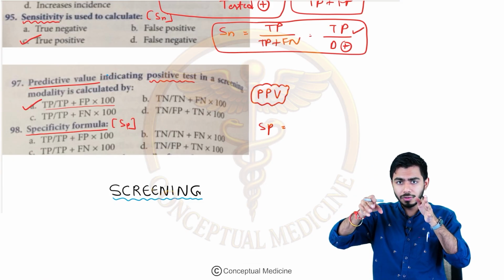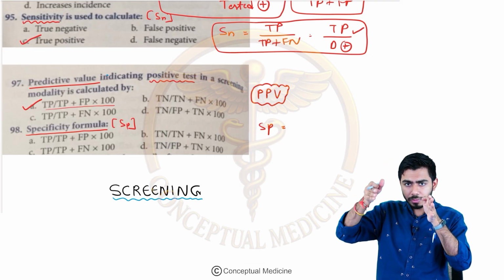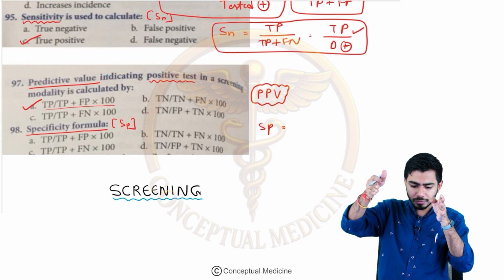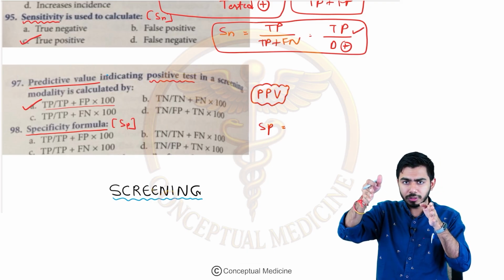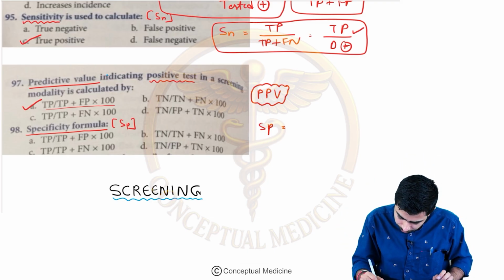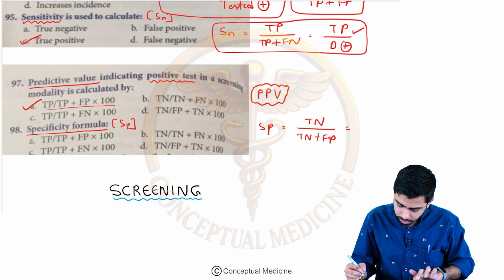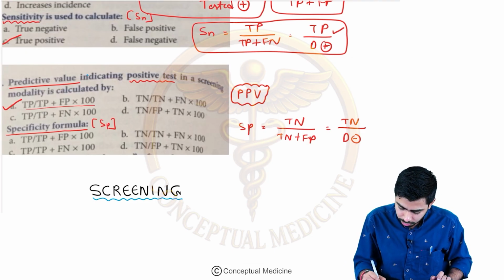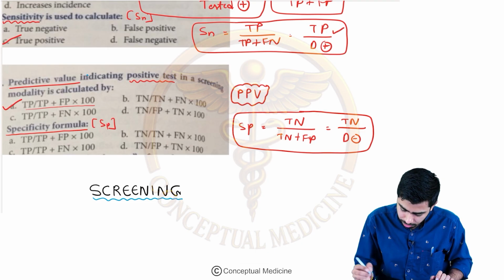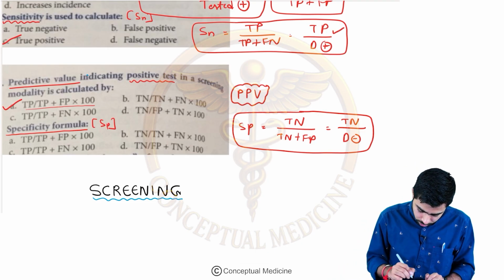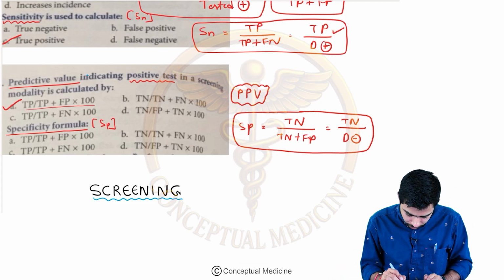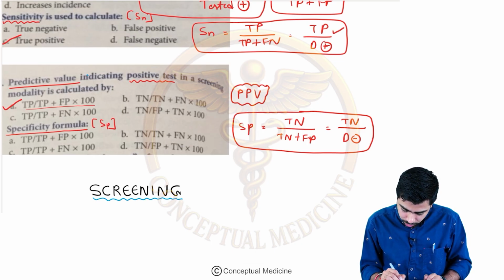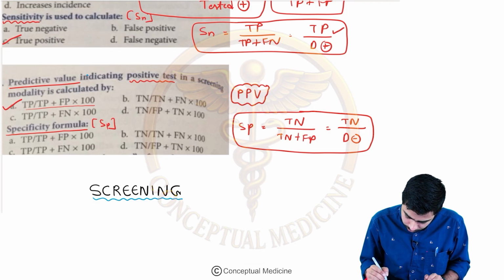This column was for the disease negative. So true negative divided by true negative plus false positive, or you can say true negative divided by disease negative. So that will become your formula. Over here just mark that answer, true negative. They are talking about specificity, so true negative divided by true negative plus false positive into 100, right?